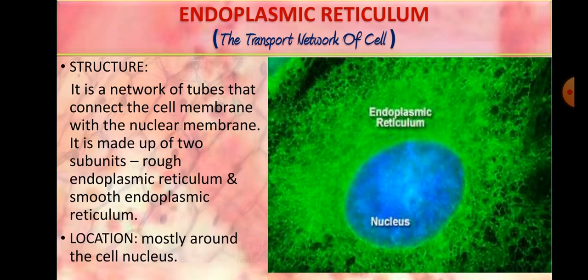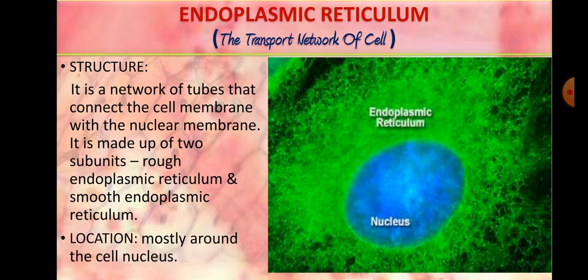Beginning with endoplasmic reticulum. Endoplasmic reticulum is the transport network of the cell. It is like our roadways. What do we use roads for? We use roads to move from our source, that is from where we live, our home, to our destination. And that is the purpose of a transport network in a cell.